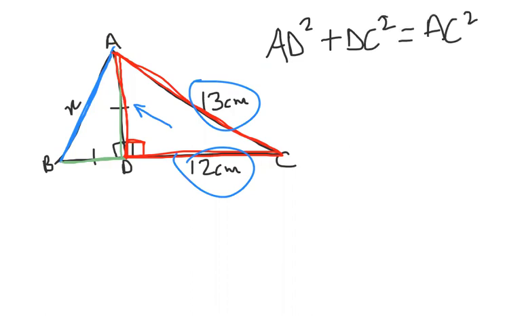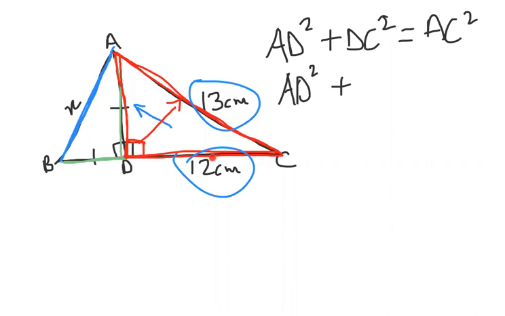I'm just writing this in letters so that you can understand. So this side is AD, this one at the bottom is DC, and the hypotenuse is AC. Just a reminder, the side opposite the 90 degrees, that's the hypotenuse. Now you can just fill it in. We don't have AD yet, so let's keep AD like that.